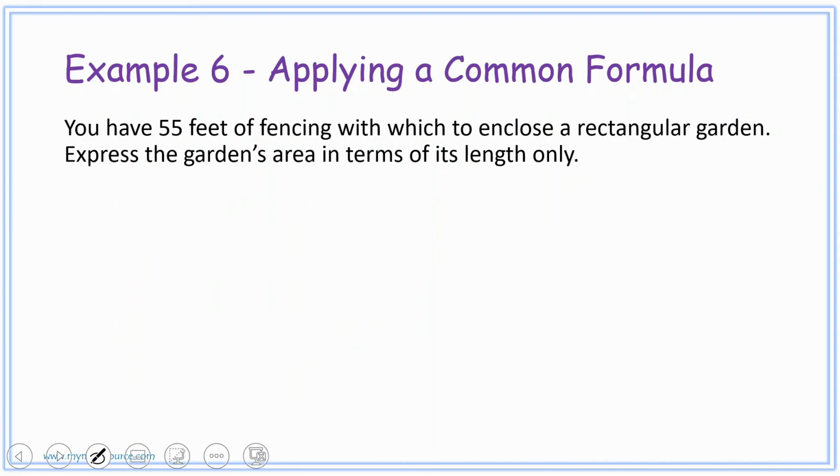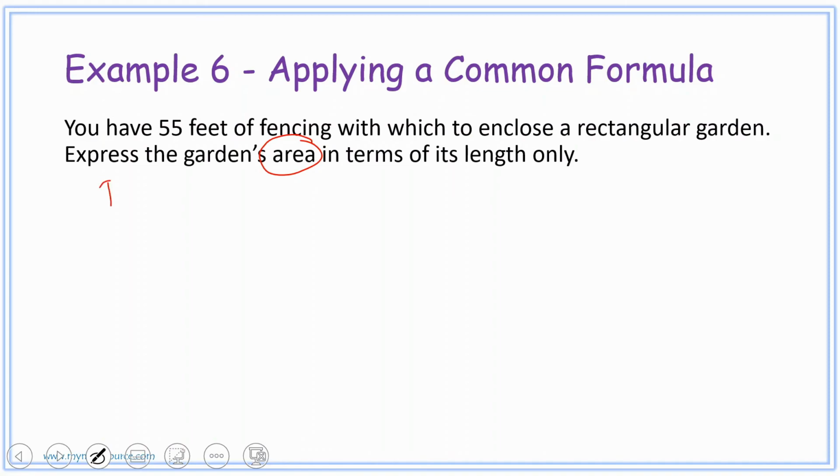Okay, so we're on example 6 now, and we're going to apply a common formula. This one says you have 55 feet of fencing with which to enclose a rectangular garden. So express the garden's area in terms of its length only. So because they want it in area, we can utilize the two formulas that we talked about before.